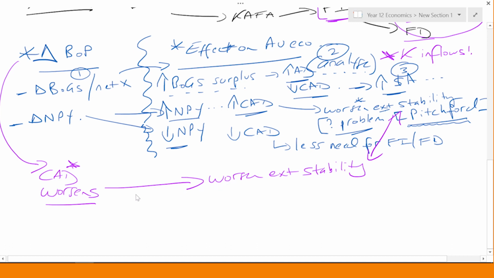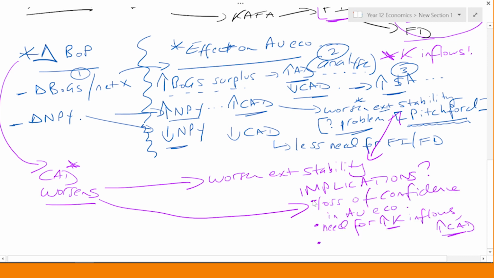But when the CAD worsens, there are a number of implications that we can think about: consequences, results, all of these things that could happen because of a larger current account deficit.